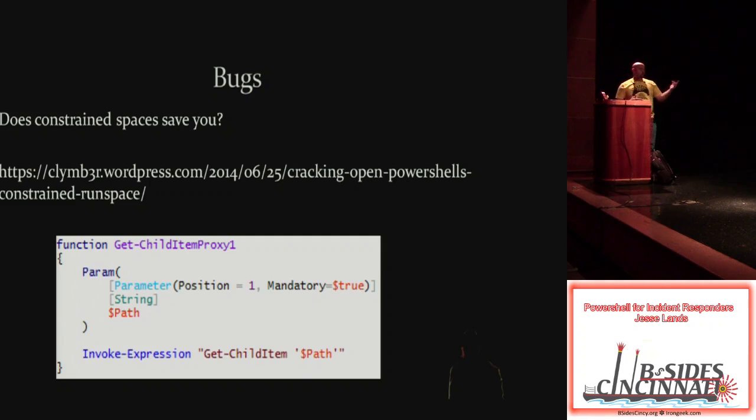But this is a really good article written in 2004 by, I honestly can't remember the guy's name, Clymer. But he's very good in the community, very good with PowerShell. Constrained spaces are supposed to mean you can only run a certain amount of modules in PowerShell. That's the way I understand it. If anybody else has a different understanding, speak up and tell me I'm an idiot.